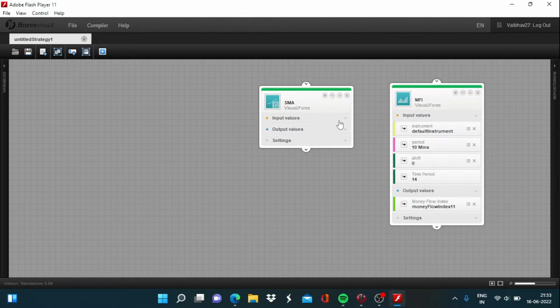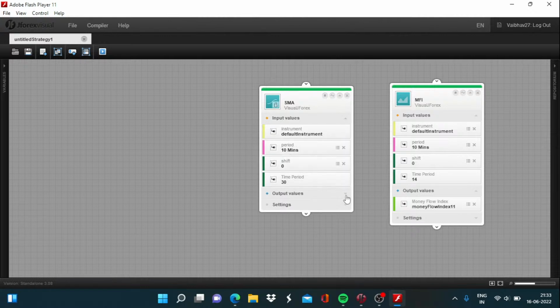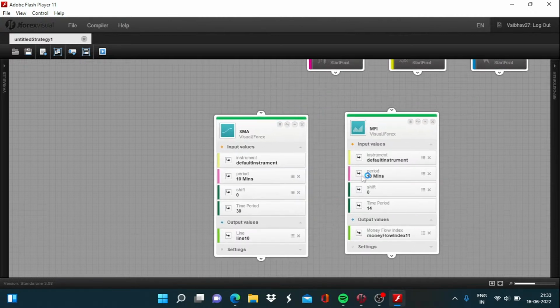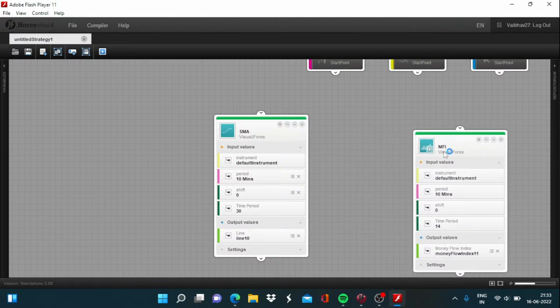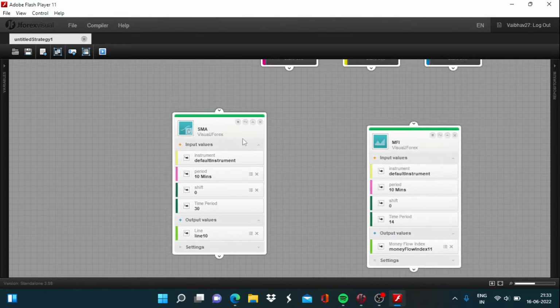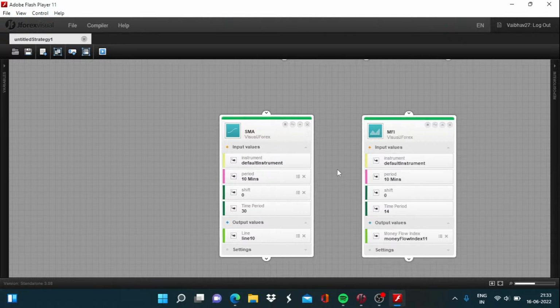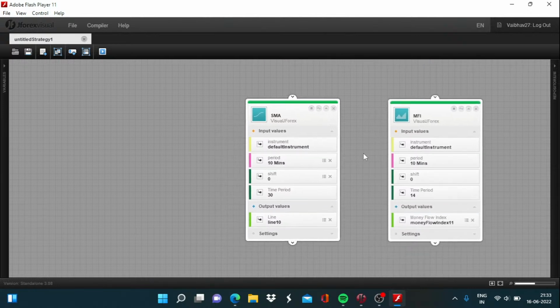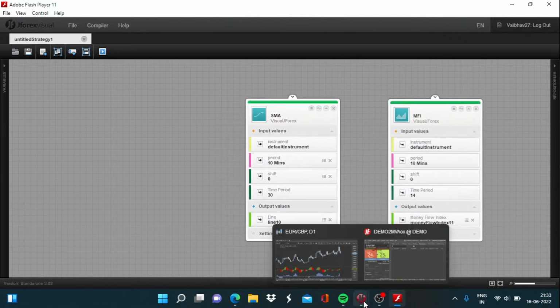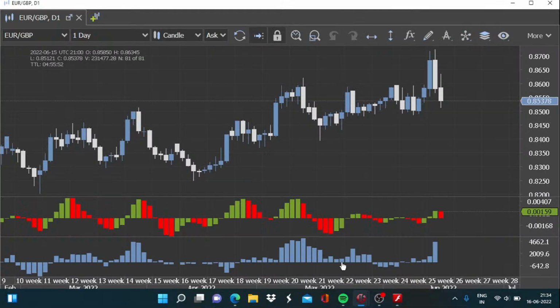So these are the two indicators on which we will be relying for determining the trend and then the entry point. We will be working on the hourly candle period, and we will be working with the Euro USD as the default instrument. So I will give you first the idea of the logic.